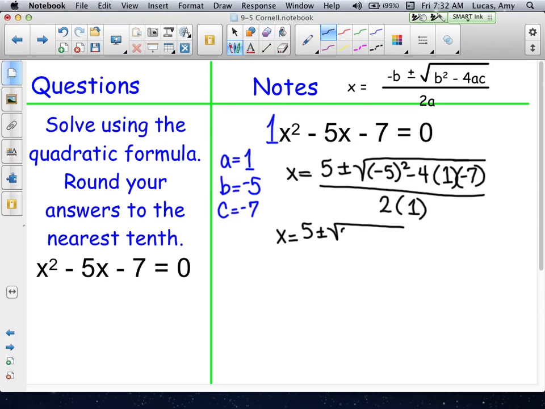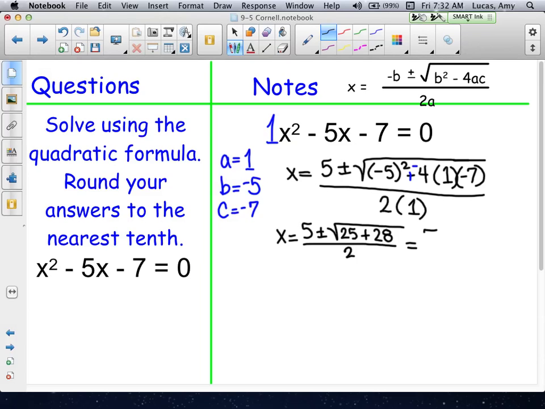-5 squared is +25. I am going to take the minus in front of the 4 and add the opposite here. So -4 times 1 times -7 is positive 28. So I treat that subtraction sign in front of the 4 as an addition sign, and I add the opposite. 2 times 1 in the denominator is 2.